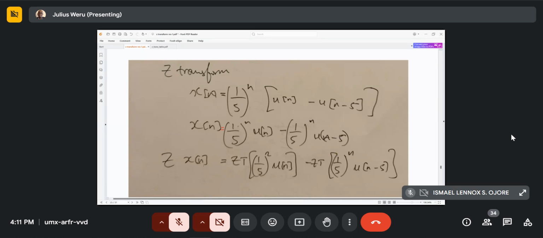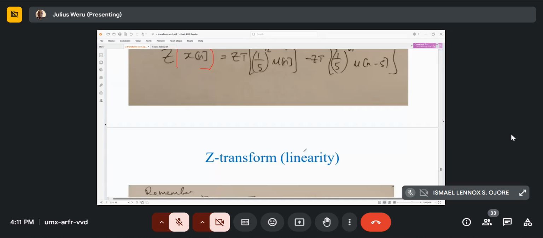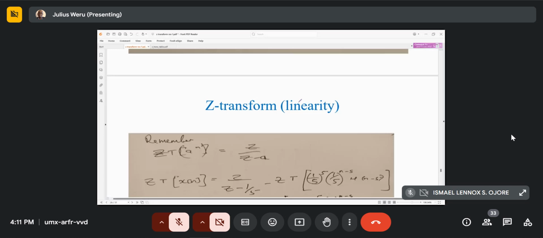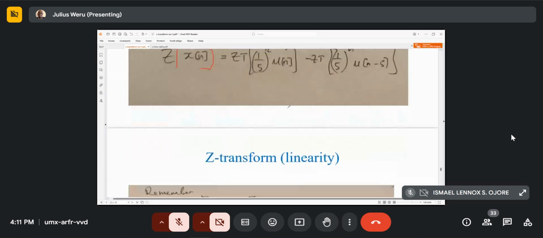So the Z transform of this is the Z transform of this minus the Z transform of this. And for most of these Z transforms, you'll be provided with the Z transform table, so you can make reference. So you don't have to remember anything.